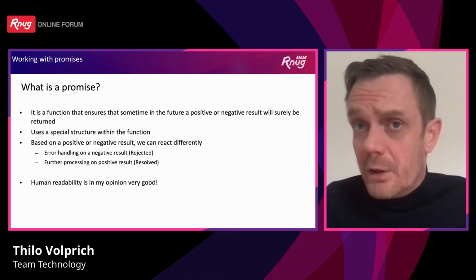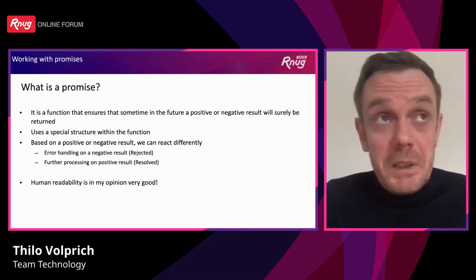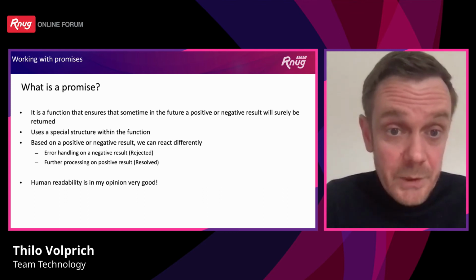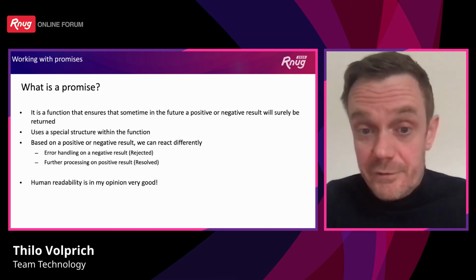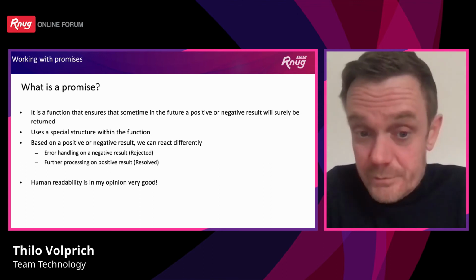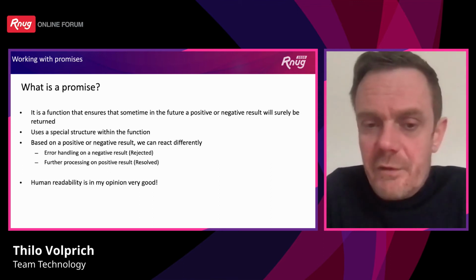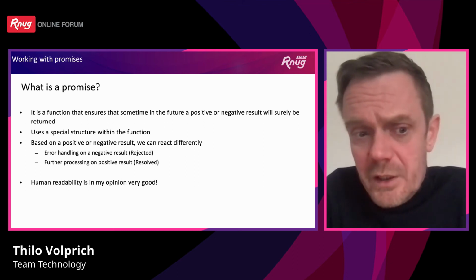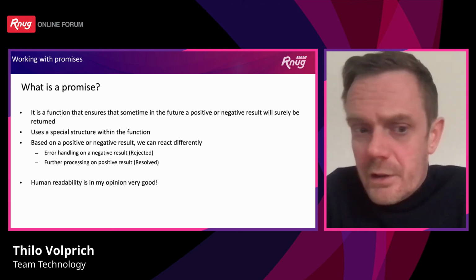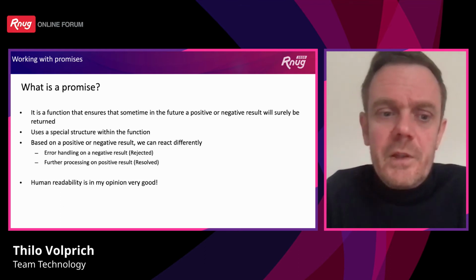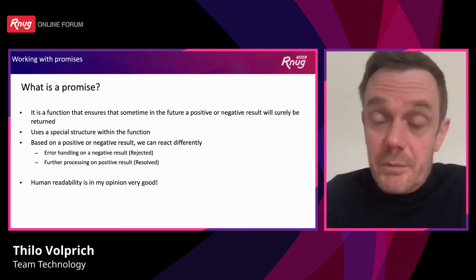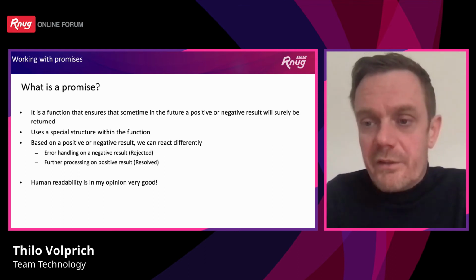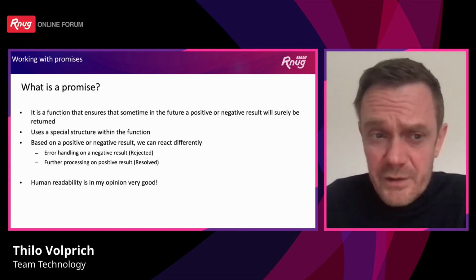So very easy: we call a function, and in the future, we don't know when, but we know it will, we get information if everything has worked, so resolved, or if there was a problem, rejected, and then we can go on and call the next code. The human readability, in my opinion, is very good, and it's much easier to understand the code.